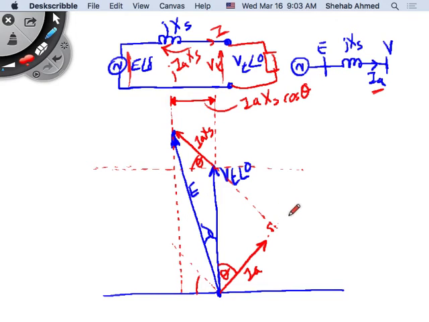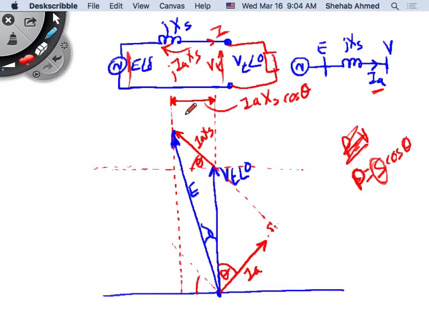So remember, what is real power equal to? Real power, in any system, is equal to S cosine theta. Some magnitude cosine theta, right? And this magnitude is sometimes V times I cosine theta or S cosine theta, whatever.